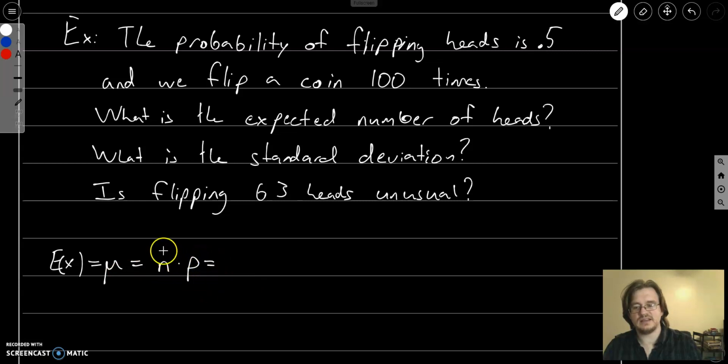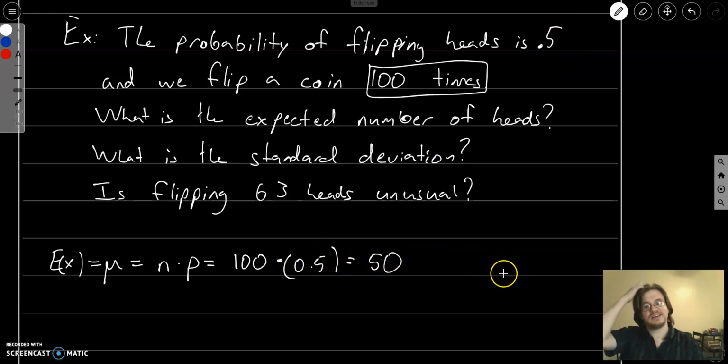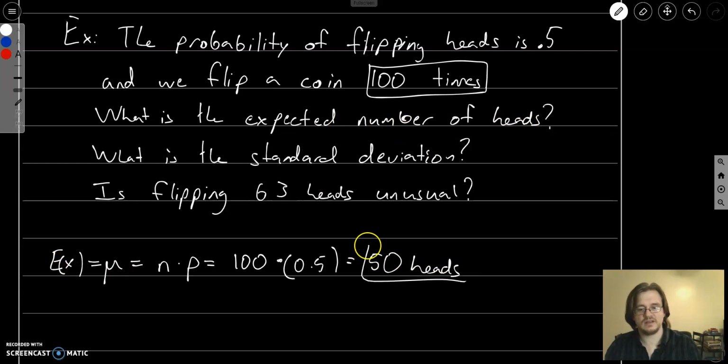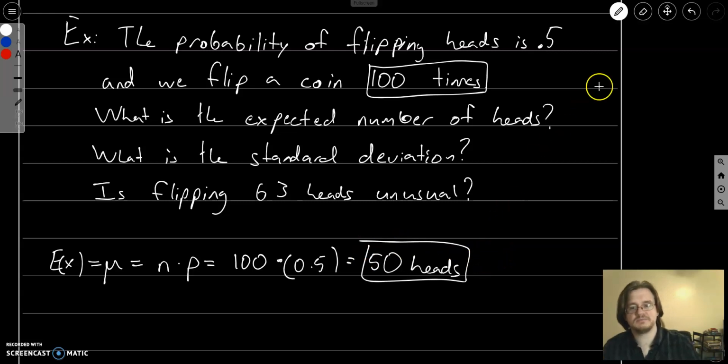So n is the number of trials, so this is just going to be 100, and the probability is the probability of success, and if we call getting a heads success, well, that's going to be 0.5, and lo and behold, we get 50. So the expected number of heads is 50. So it matches exactly what we would expect.